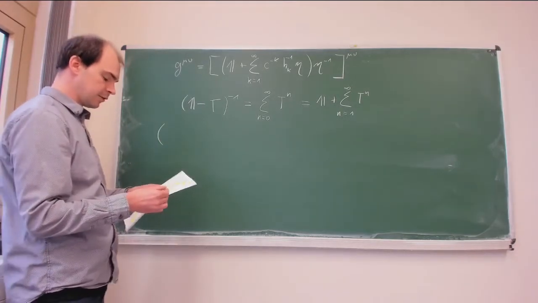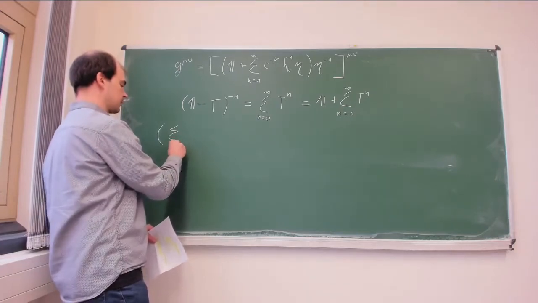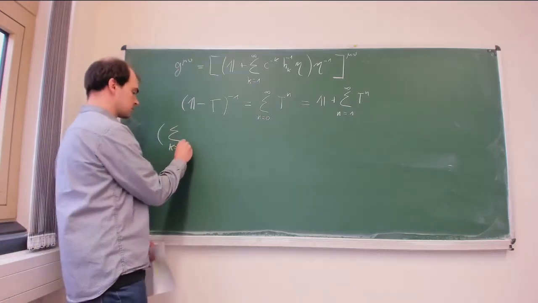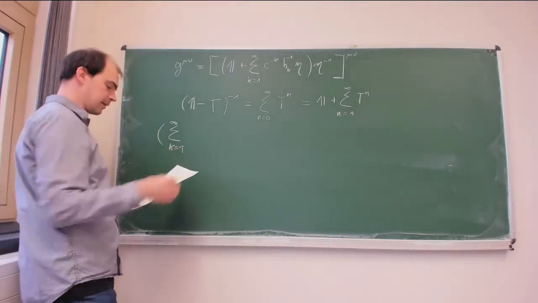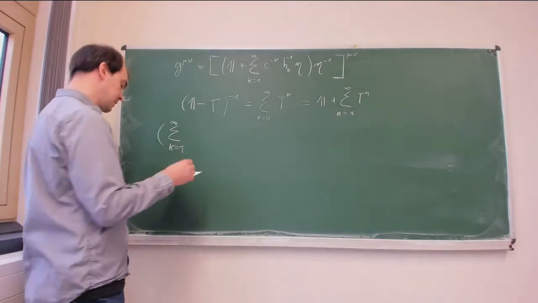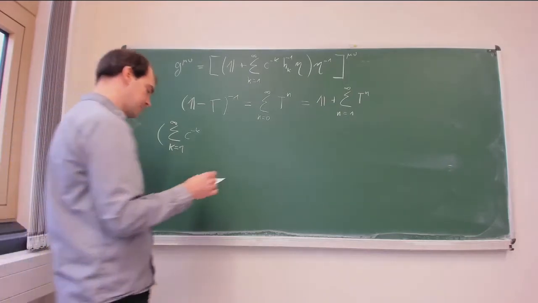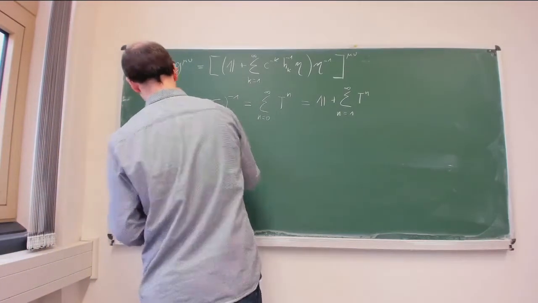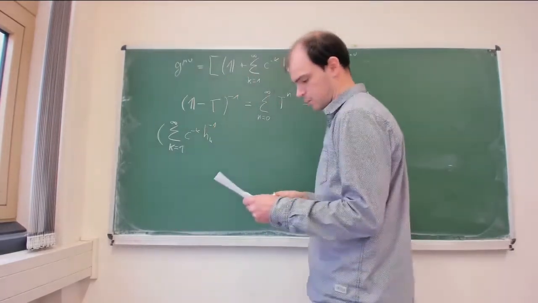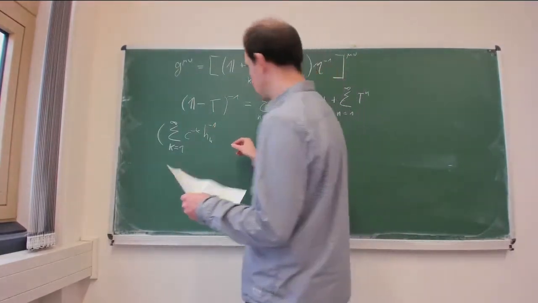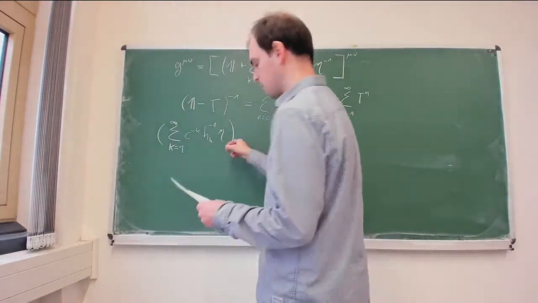So in general, I just give you the first one. The expressions that you have are sum from k equals 1 to infinity, then we have c to the power minus k, and then you have these matrices, hk to the power minus 1, eta, the Minkowski matrix.